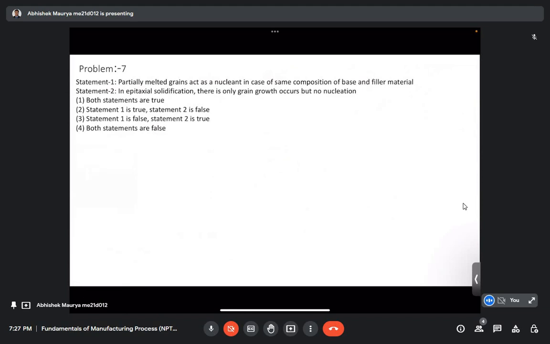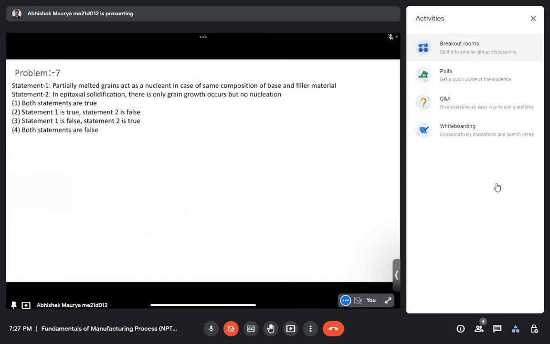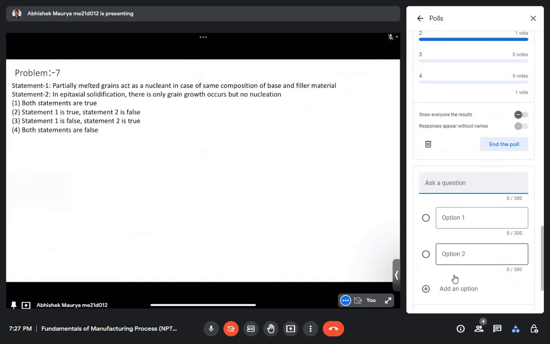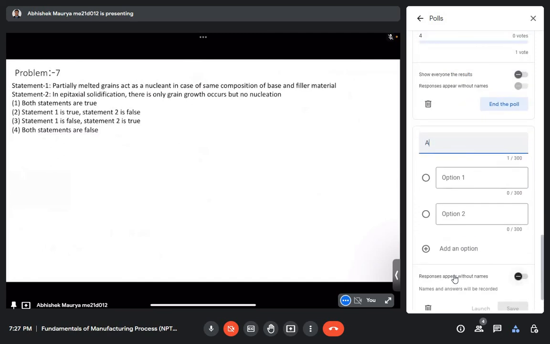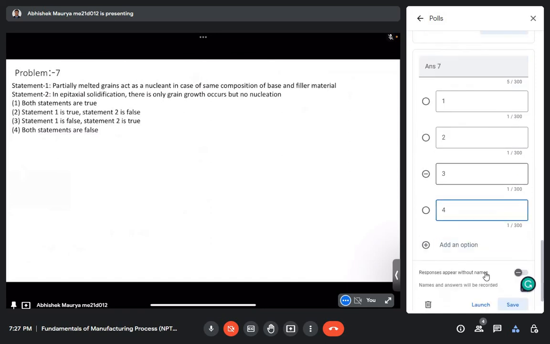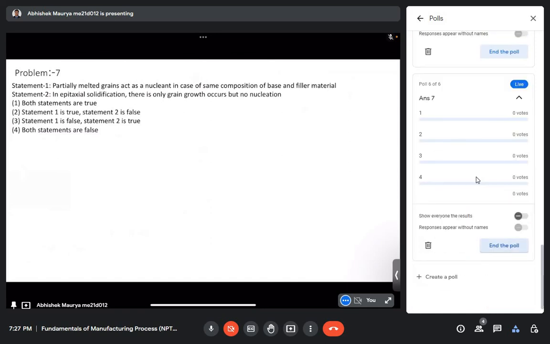Please read the question and try to find the correct option. Meanwhile, I will create the polls. Yes, polls are live. You can keep your response in the polling section.